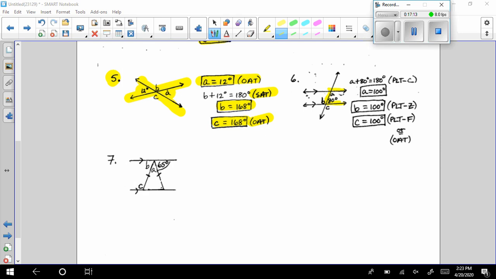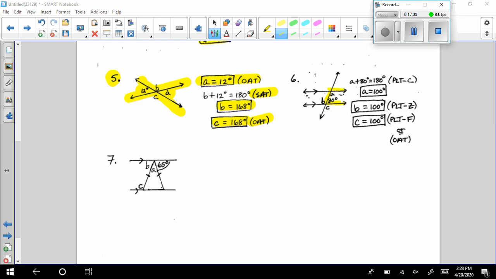In the sixth question, I began the answer using PLTC. So these are interior angles inside of the parallel lines on the same side of the transversal. And A plus 80 equals 180 degrees. So A works out to 100 degrees.